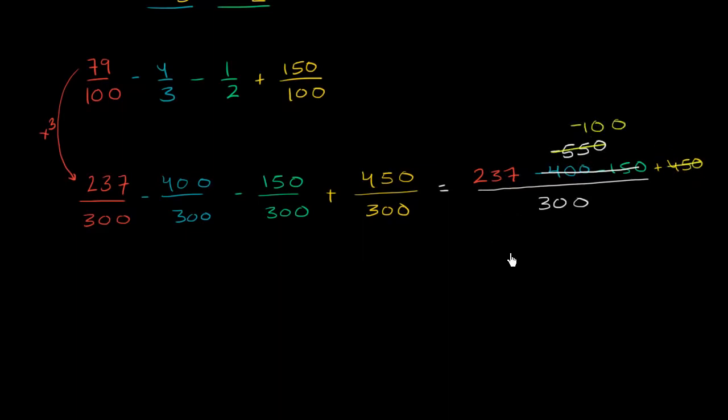And so this simplifies things a good bit. Now we have 237 minus 100 is going to be 137. So it equals 137 in the numerator over 300. And this is about as simplified as I can think of making it. And so this is our final answer, 137 over 300.